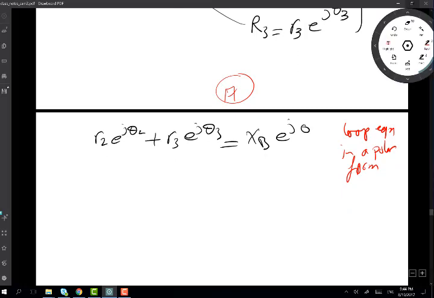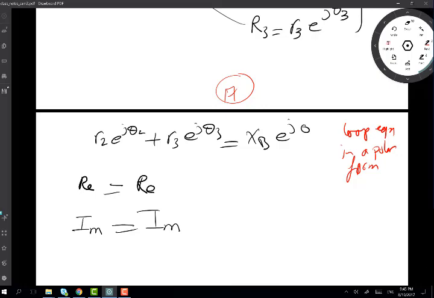Then I break my vector equation into the real and imaginary directions. The real on one side is equal to the real on the other side, and the imaginary on one side is equal to the imaginary on the other side. This is how I get my two scalar equations.